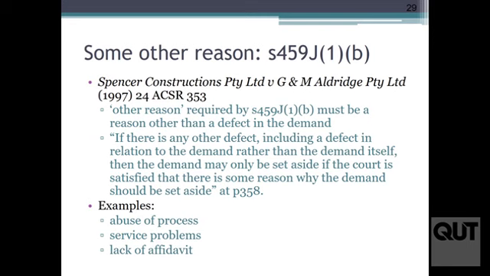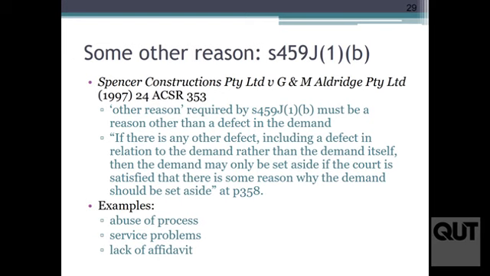Now recall that section 459J, subsection 1, paragraph B, also provides that the demand can be set aside by the court if it's satisfied that there's some other reason why the demand should be set aside. Remember me saying that before, that's a very wide reason. This gives the court wide discretion, doesn't it? But in Spencer Constructions, the court said that this cannot include a defect in the demand.